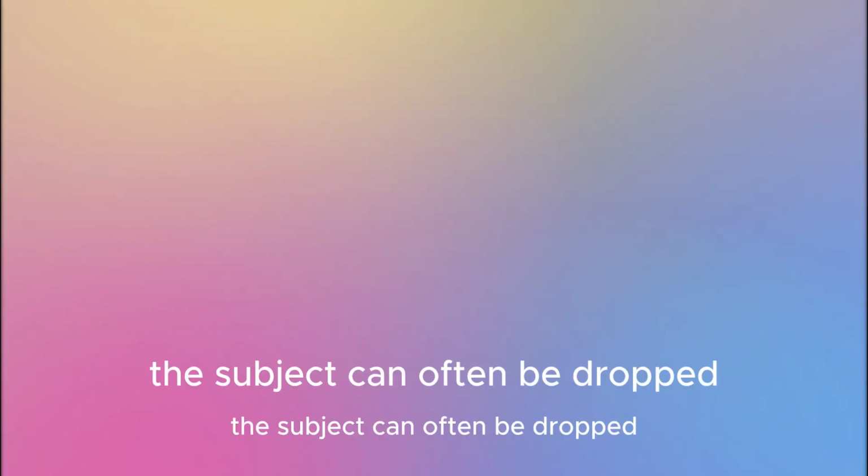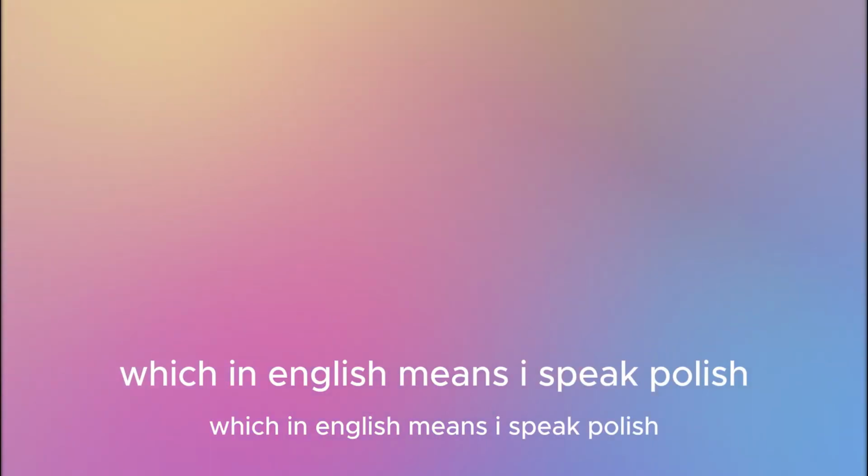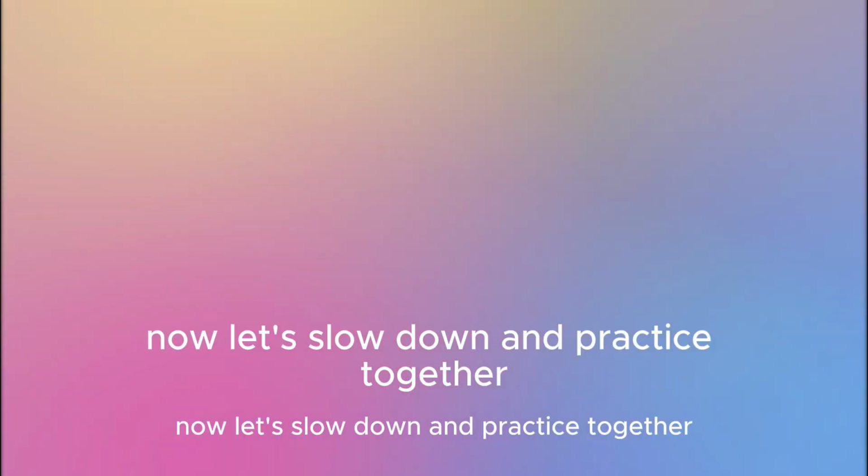Because of this, the subject can often be dropped. For example, mówię po polsku, which in English means I speak Polish. Even without ja, you still understand the meaning. Now let's slow down and practice together. Repeat after me.